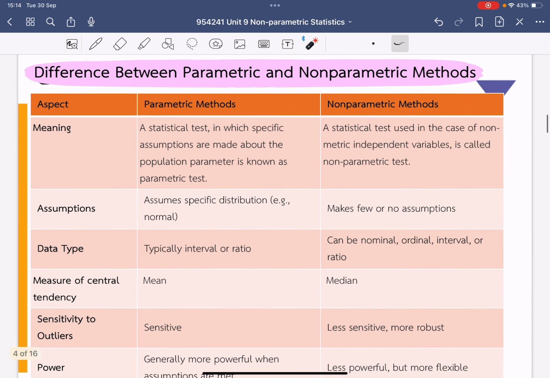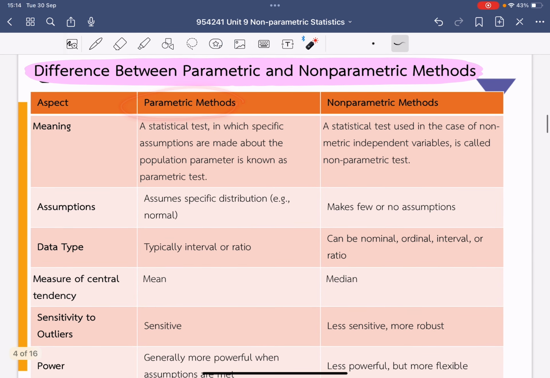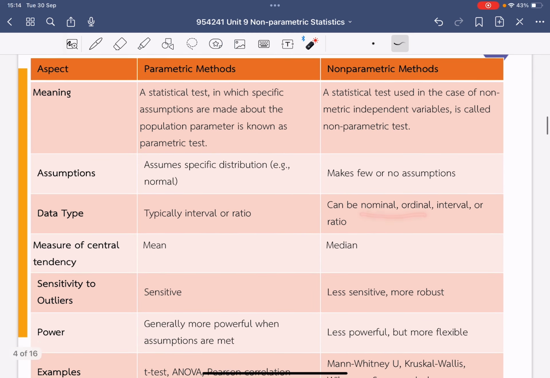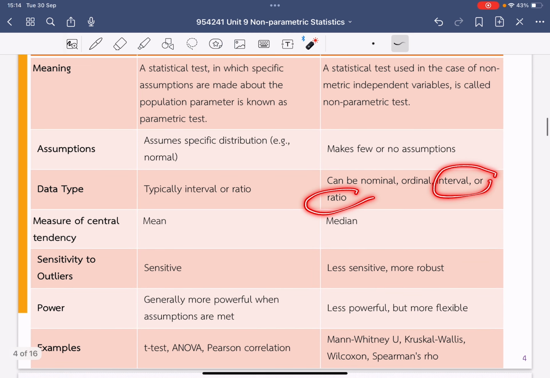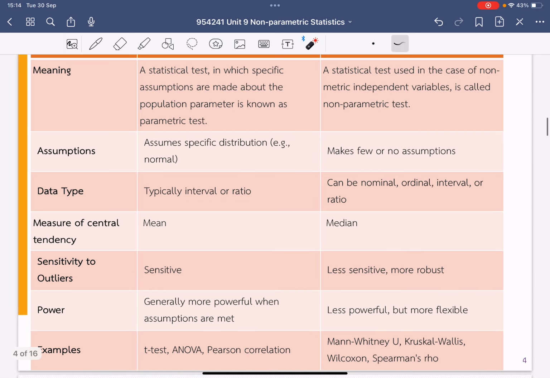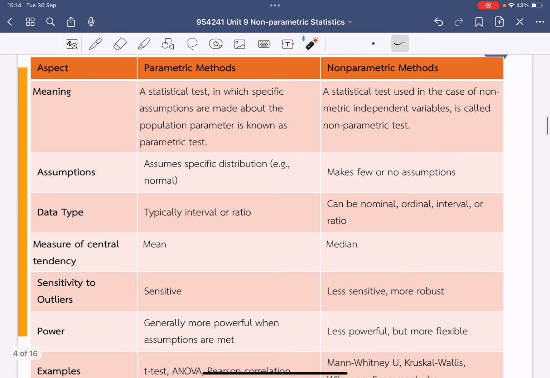Data type: for parametric methods, the data type that we need is interval or ratio. I will talk about it later. And for nonparametric methods, it can be nominal, ordinal, and it could be interval or ratio data that do not meet the assumptions for parametric methods.